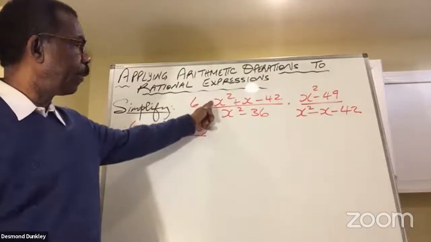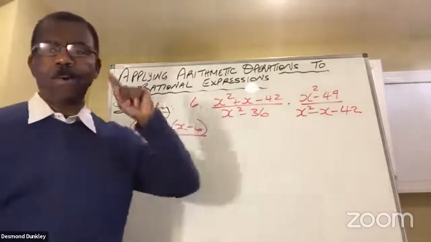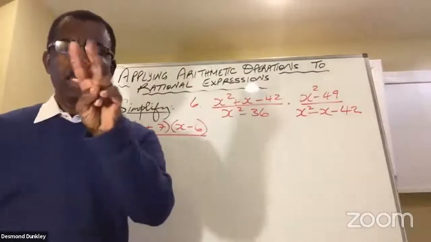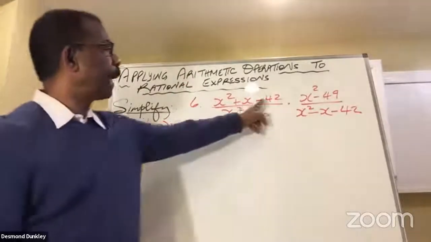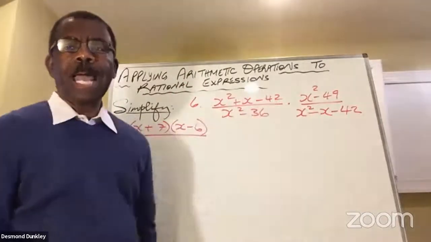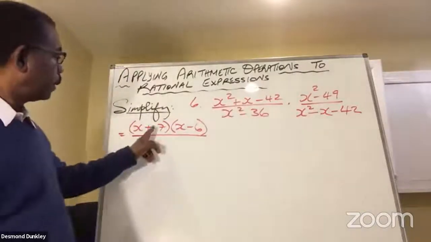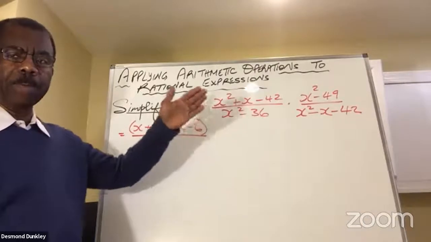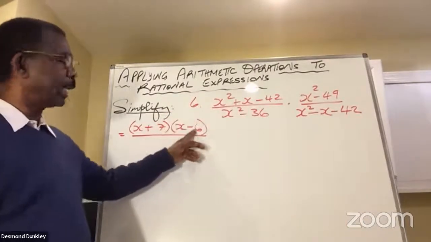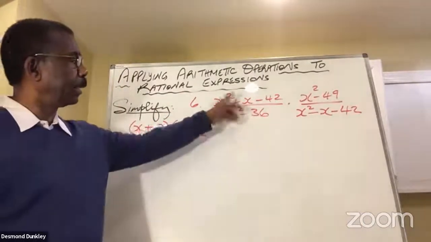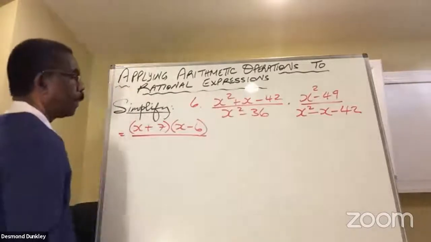Especially if you have the leading coefficient of 1, they are very easy to factorize. You need two numbers that multiply to give you negative 42 and add to give you positive 1. 7 times negative 6, negative 42. 7 plus negative 6, positive 1. There it is.